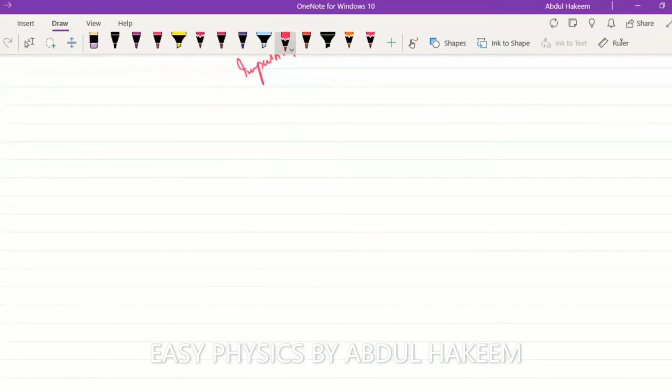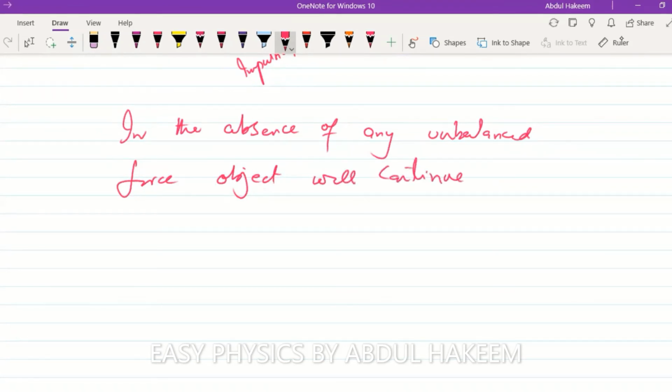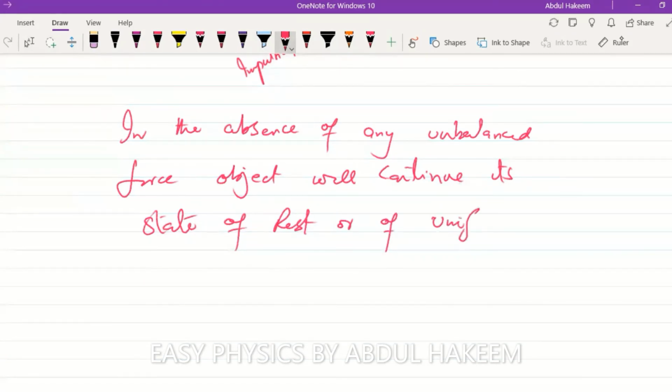So we can define Newton's first law as: in the absence of any unbalanced force, an object will continue its state of rest or of uniform velocity.